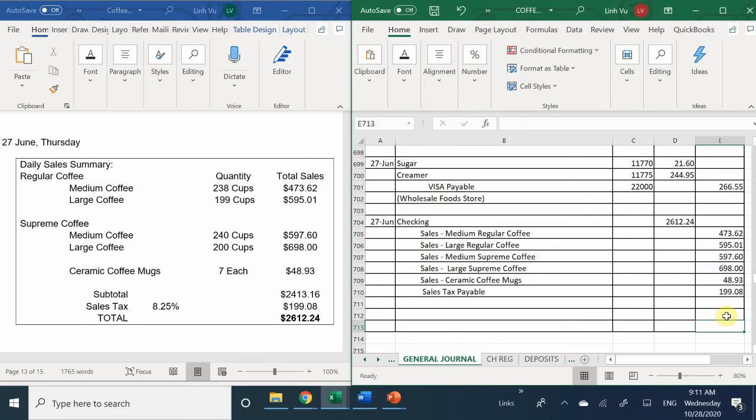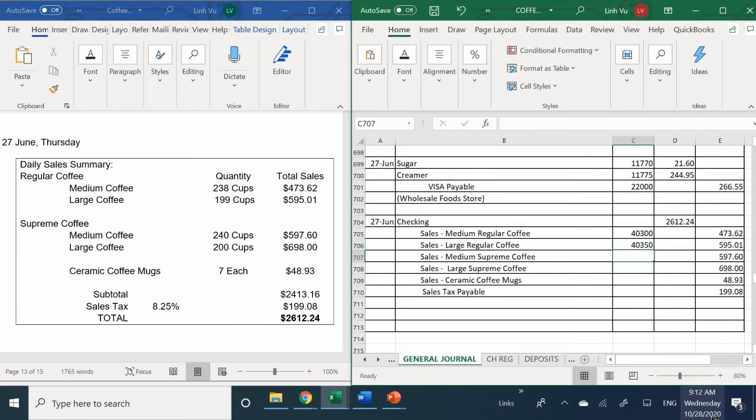So what are my account numbers? Medium regular coffee is 40300. Large is 40350.